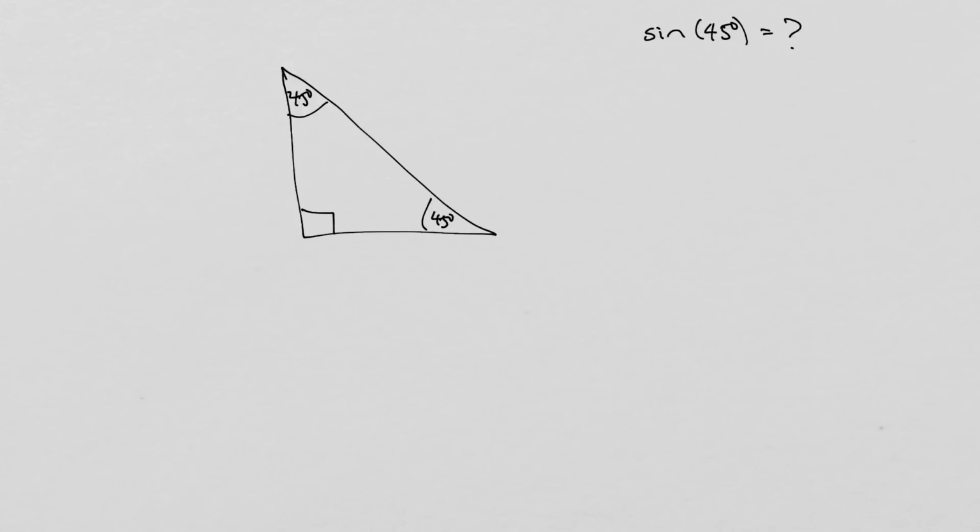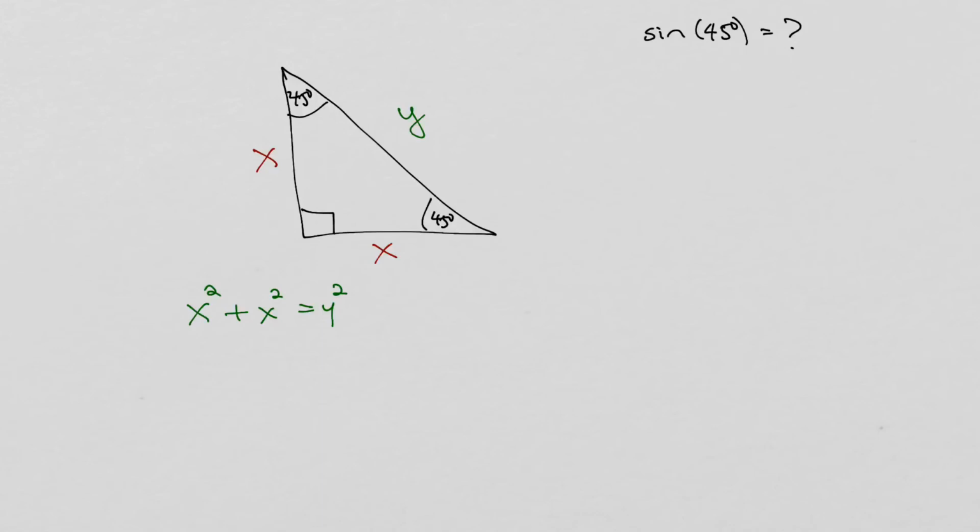So let's give those lengths x and x. For my hypotenuse over here, it could be something completely different, so let's call that y. With the Pythagorean theorem, I know that x squared plus x squared is supposed to equal y squared.